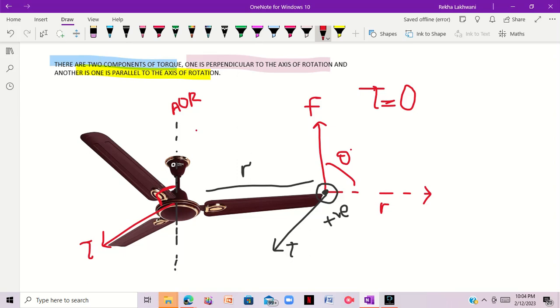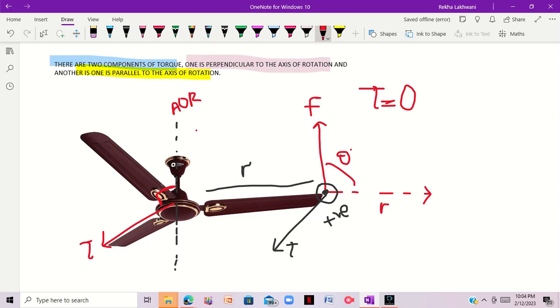Over here the torque vector is in the outward direction, so the torque produced will be 0.